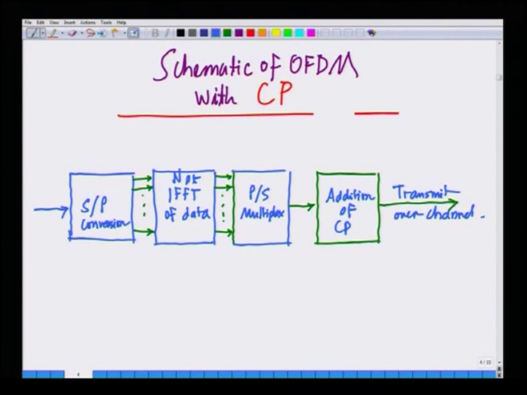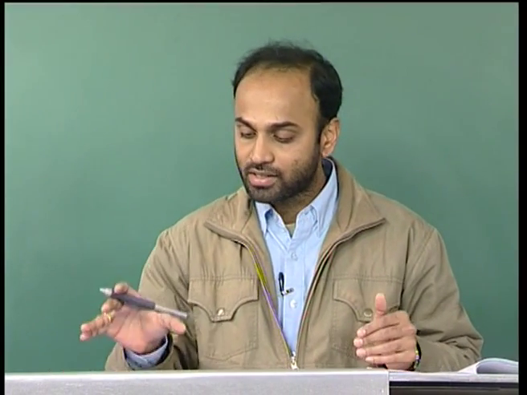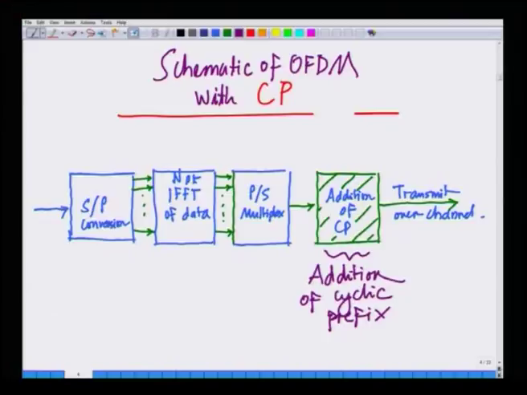The new block is this block over here, which corresponds to addition of the cyclic prefix, and we said this block is the key block to limit the intersymbol interference to symbols of the same OFDM symbol, which essentially results in the performance gains at the receiver. All right. So, this is the transmission schematic with the addition of the cyclic prefix.